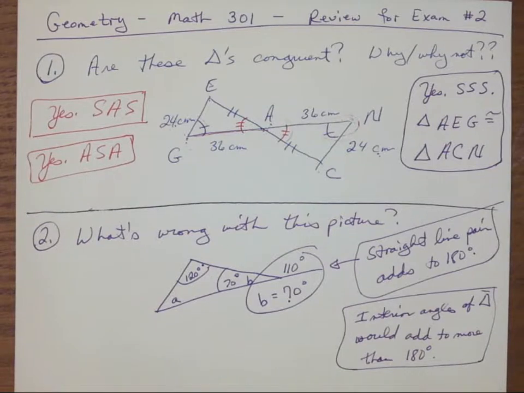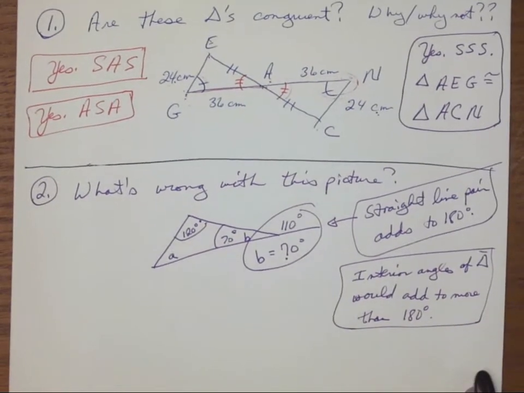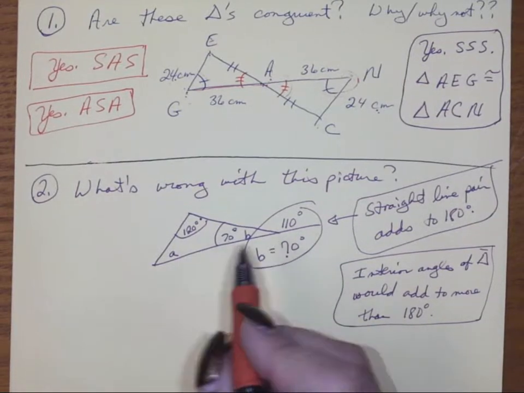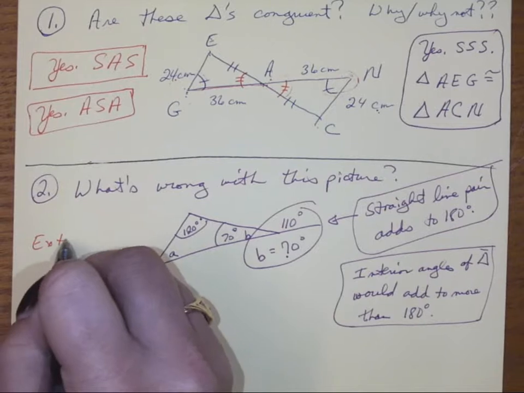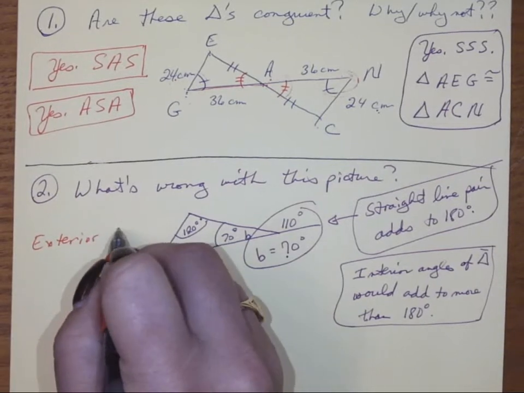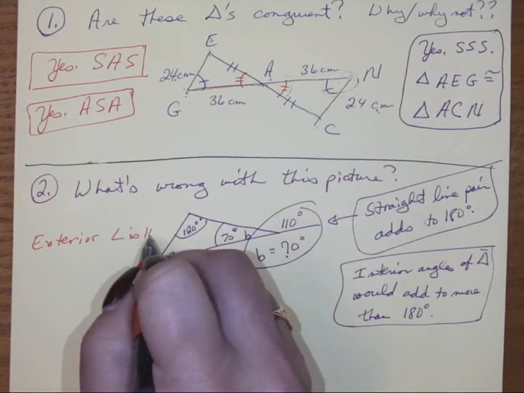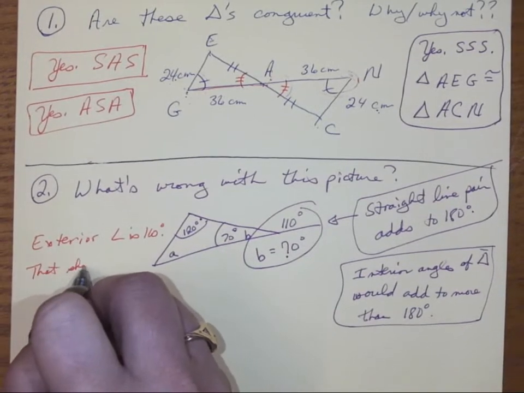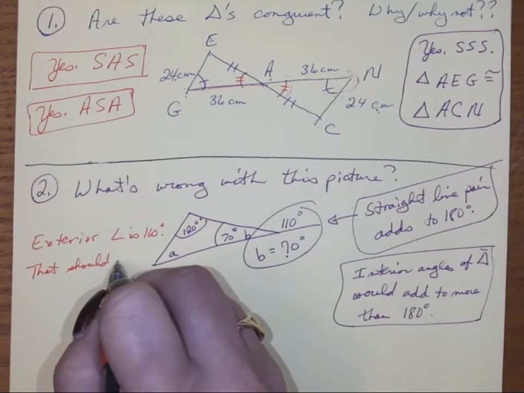The other stuff you could talk about, if you remember all of the little conjectures that we've worked on this semester, you might want to mention something like, well, I know that the exterior angle for a triangle is 110 degrees here, and that should be the sum of the other two angles.